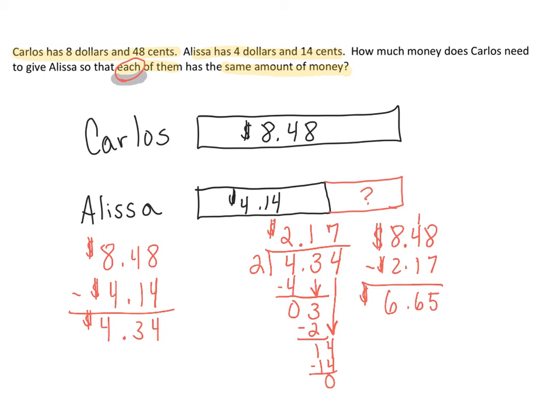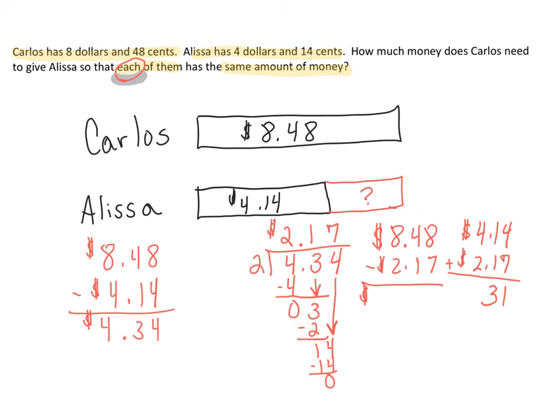Now Alyssa, she started off with $4.14, and if Carlos gives the $2.17 to Alyssa, add these up, we got 11, 3. Now, guys, I don't know what I did here. I messed up on my subtract. I wasn't subtracting. I was adding here. What was I doing? Because I'm taking away this amount.